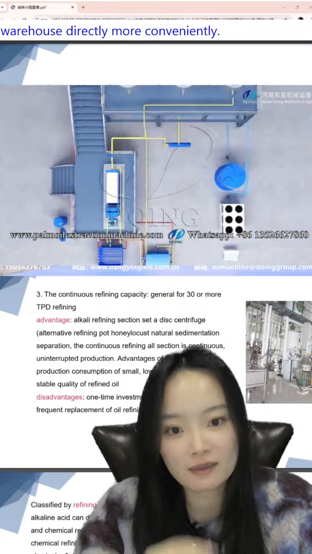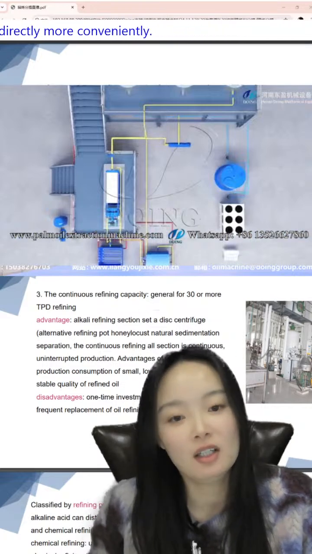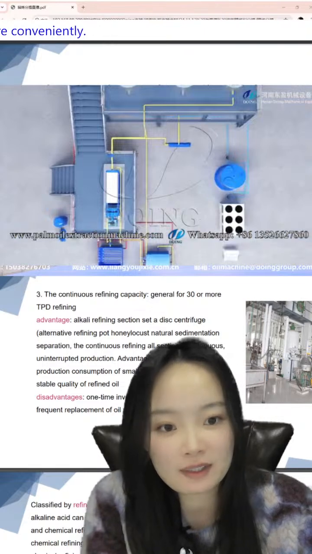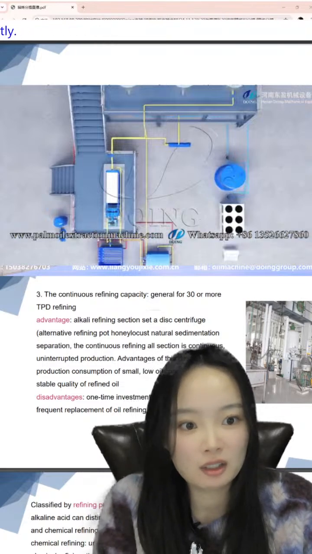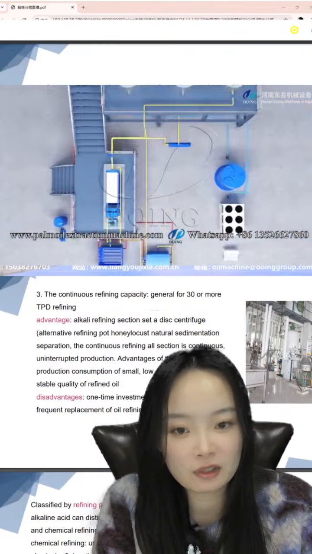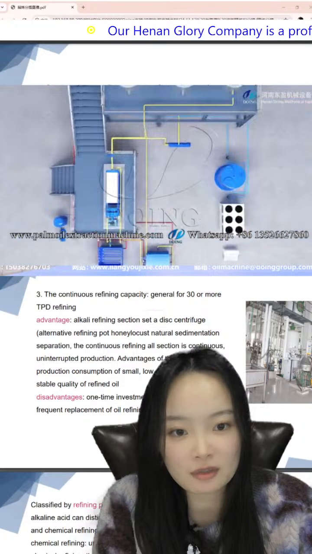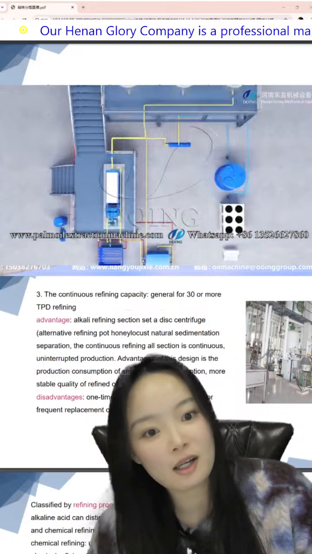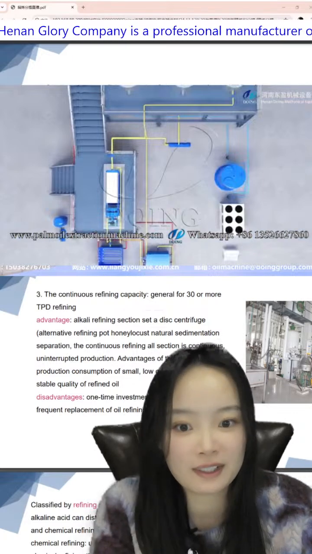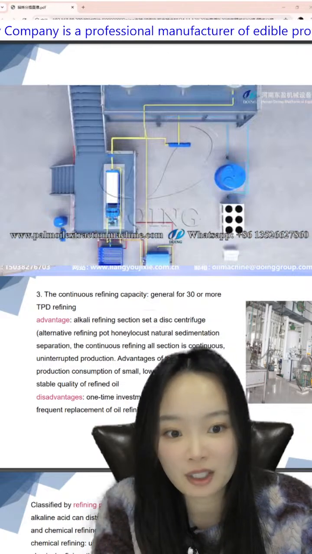It also has some advantages, such as the alkali refining section set with a centrifuge, alkali refining, and neutral sedimentation separation. The continuous refining section is continuously uninterrupted production.